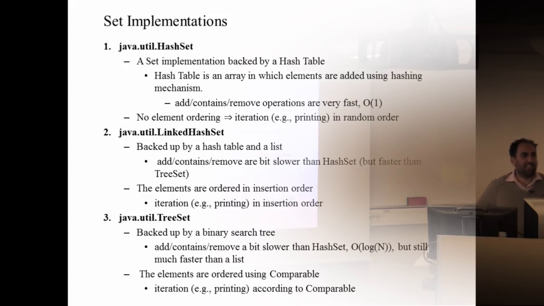The Comparable interface is a Java interface that allows you to compare your objects, and it has a compareTo method, which returns an integer value 0, 1, or -1. It returns 0 if the two objects are equal. If the object that you are comparing is greater than the element you are comparing with, you get +1. Otherwise, if you get -1, it means that the element is less than the one with which you are comparing it.